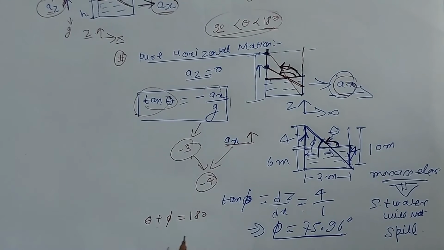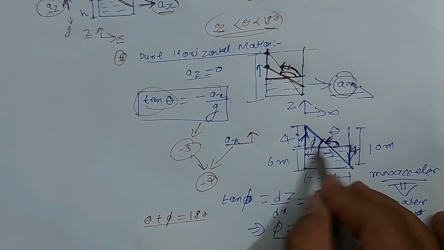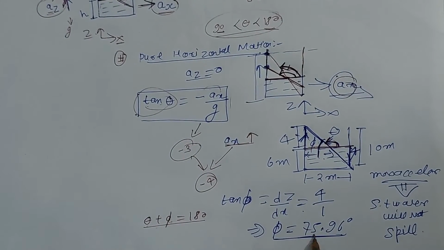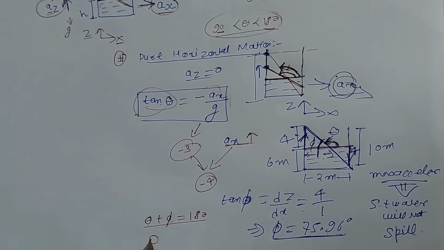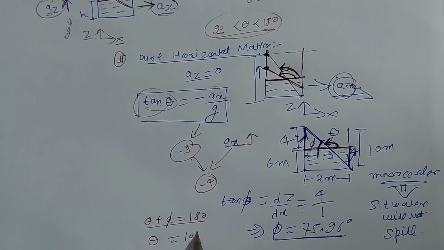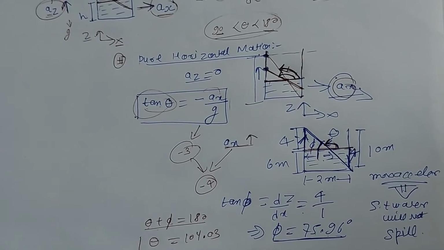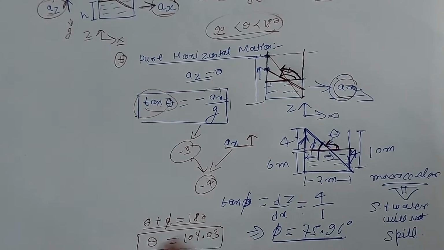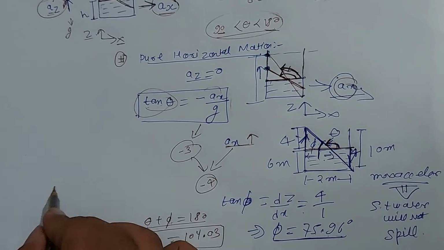We know this will happen because it is basically a line. Angle formed on a line is 180, and this phi we have calculated as 75.96, so we can calculate theta from here as 104.03.